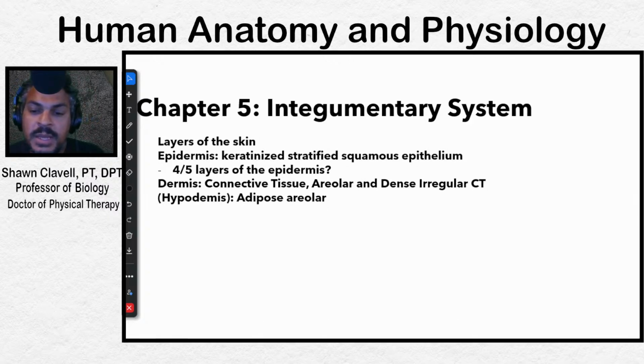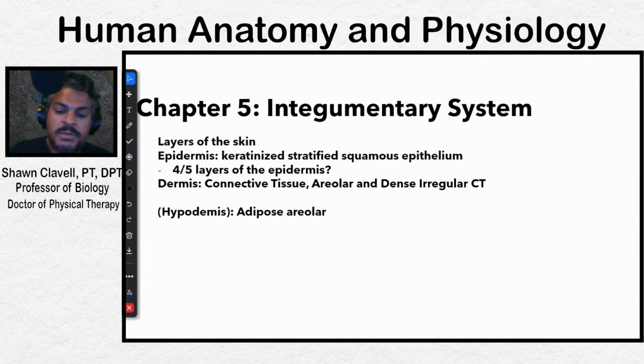The next one is, again, the dermis. We have already mentioned the connective tissue that is pervasive throughout it, but again, what types of cells are going to be there, and the vascularity is another component.